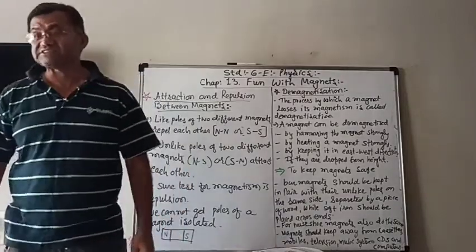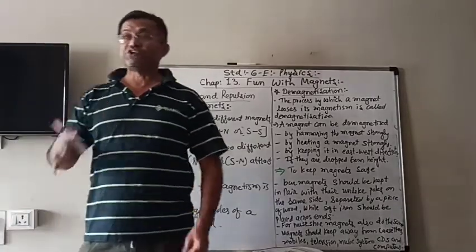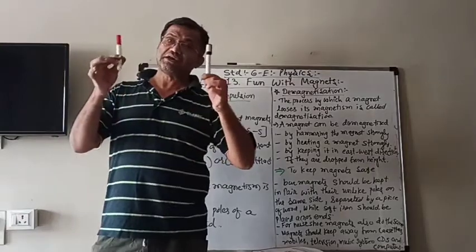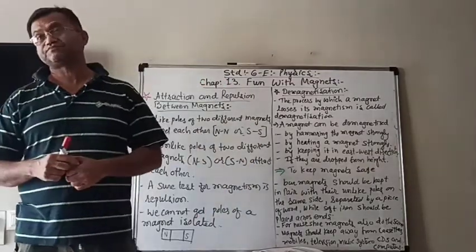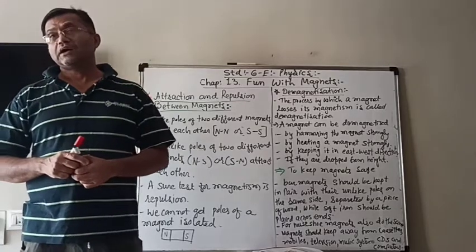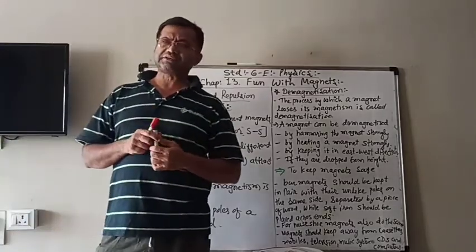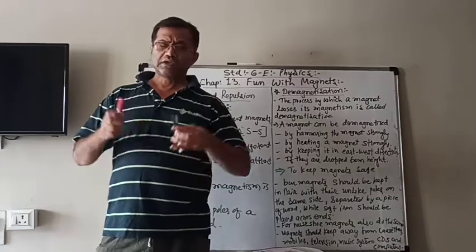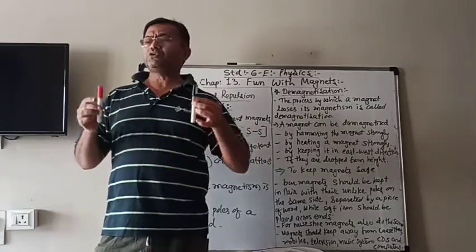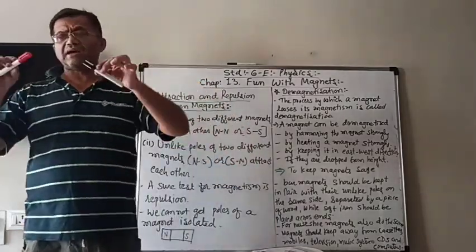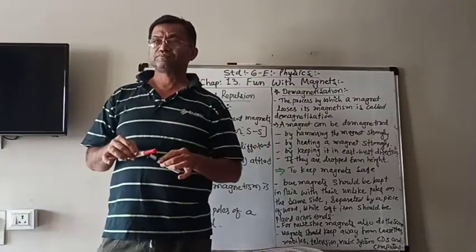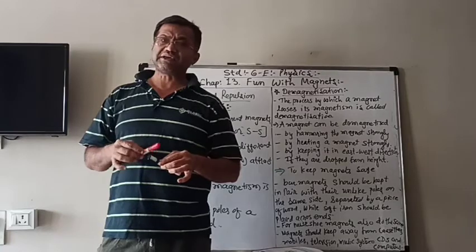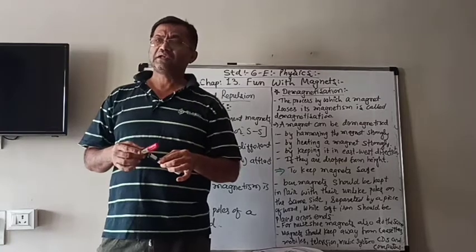Then how will you decide which is the magnet and which is not a magnet? Here, what can we do? You have to take any one of the ends near to each other. Obviously, it will attract.